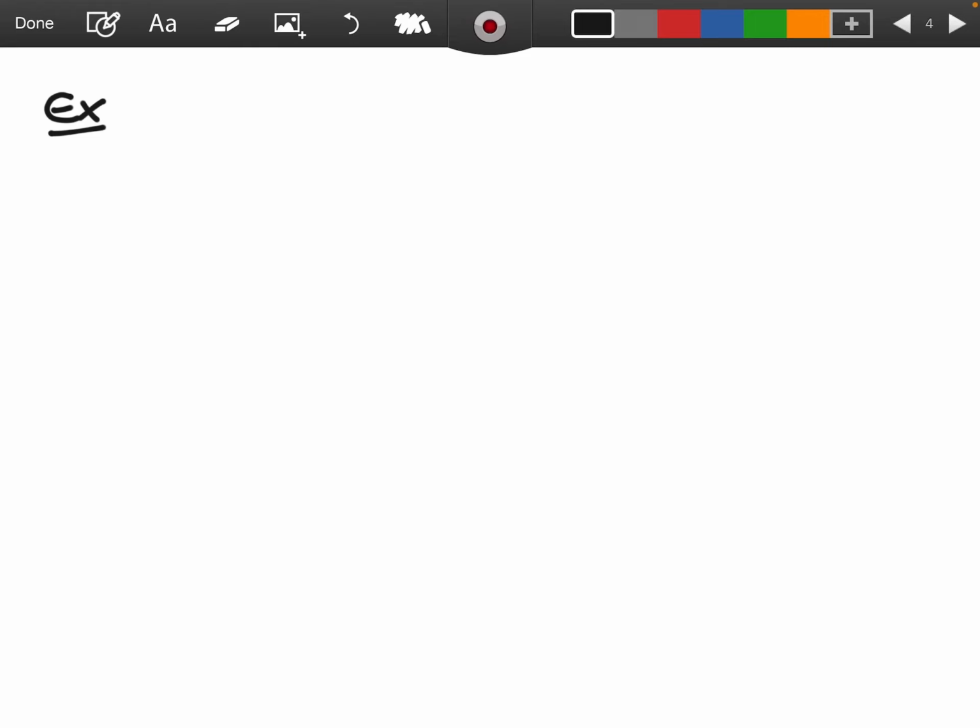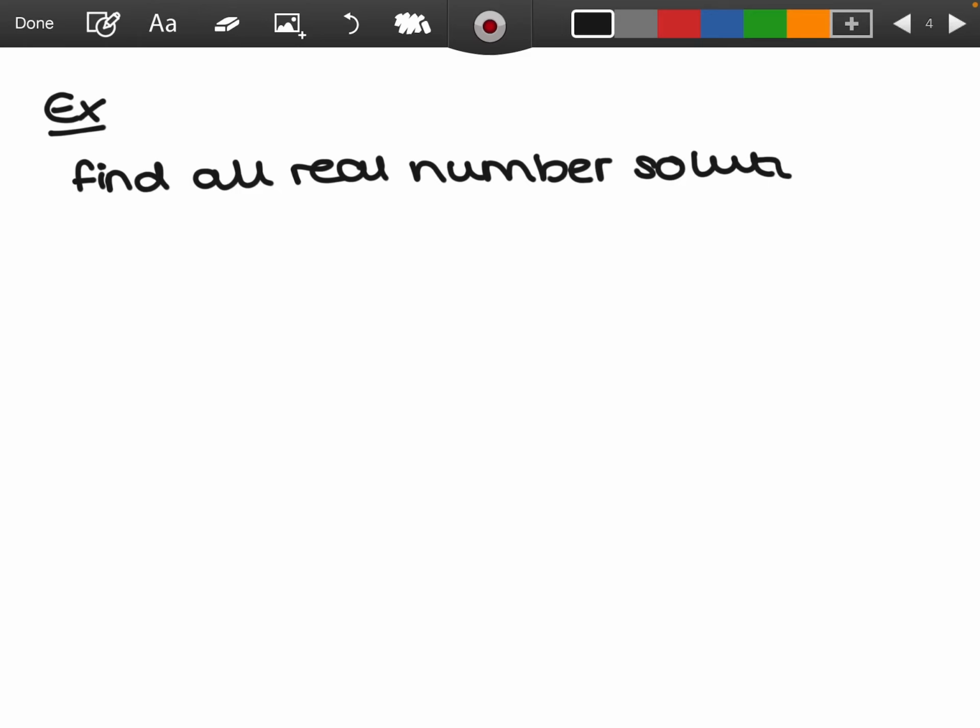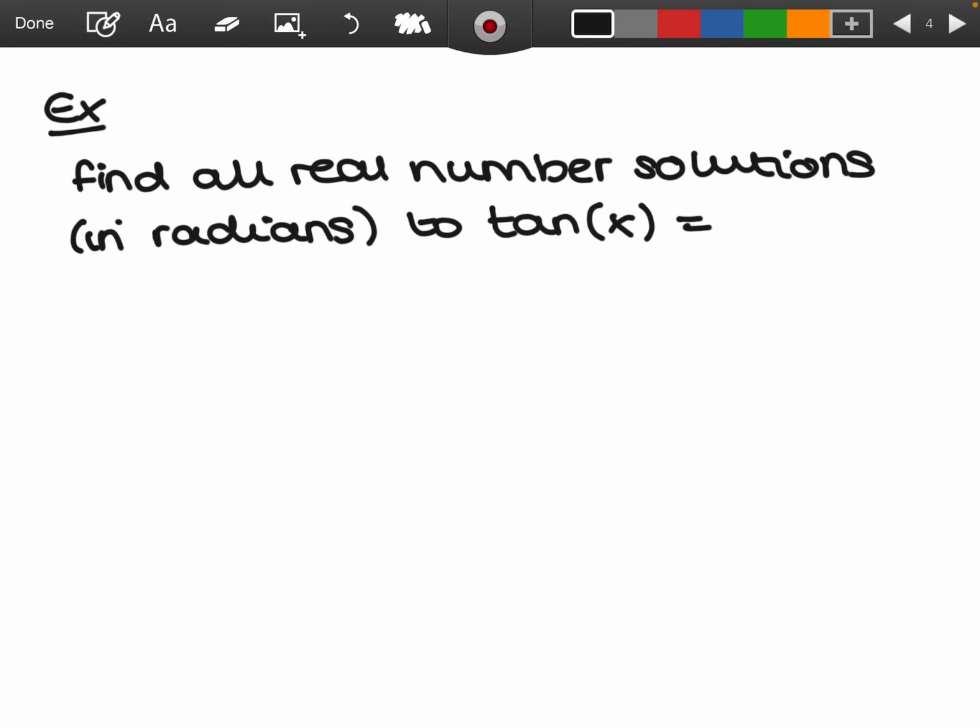Finally, for this section, I'm going to look at: find all real number solutions, again in radians, to tan x is equal to the square root of 3.